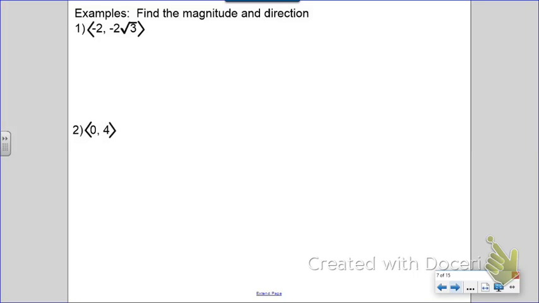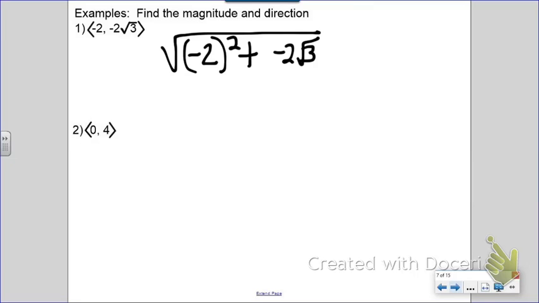Finding the magnitude and direction. To get the magnitude, again, we're going to take the square root of x squared plus y squared, which gives us the square root of 16, or 4.